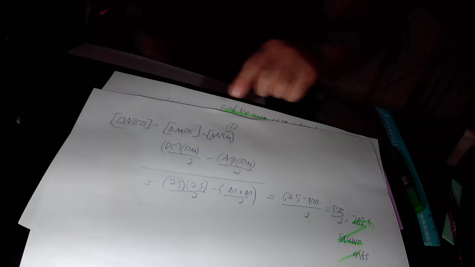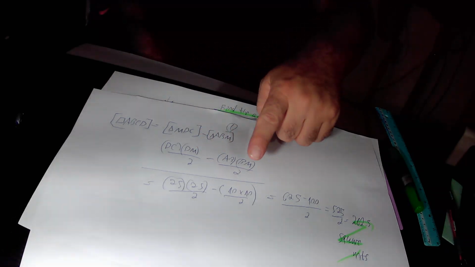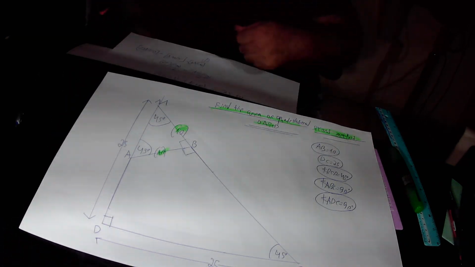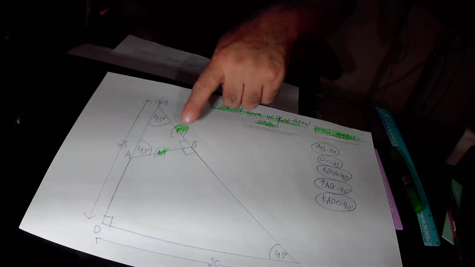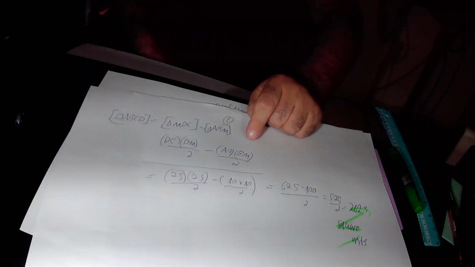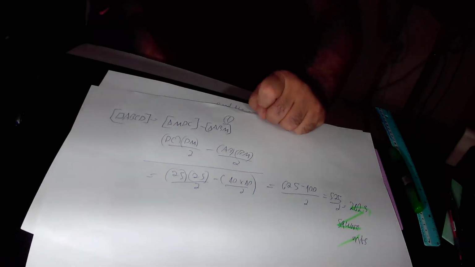So in total, the area of the big right triangle MDC equals 25 times 25 over 2, minus the area of this small right triangle ABM. The area of the small right triangle ABM equals the base AB, that is 10, times the height BM, that is also 10, divided by 2.